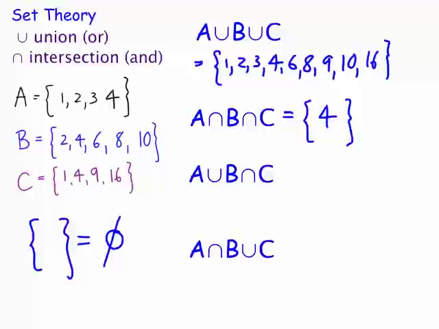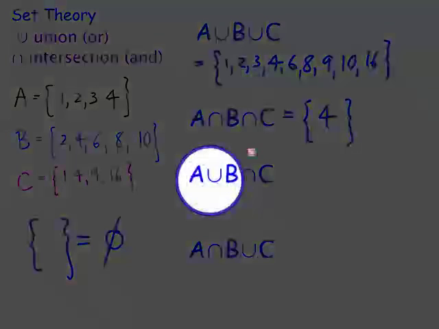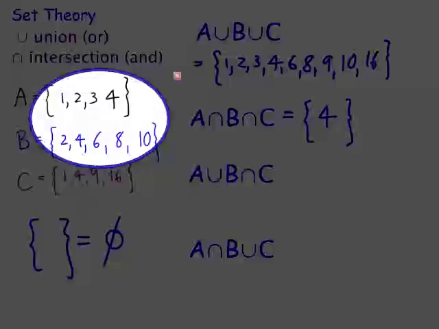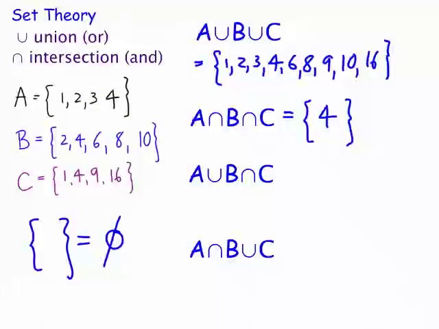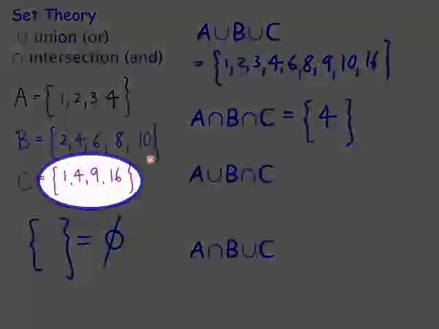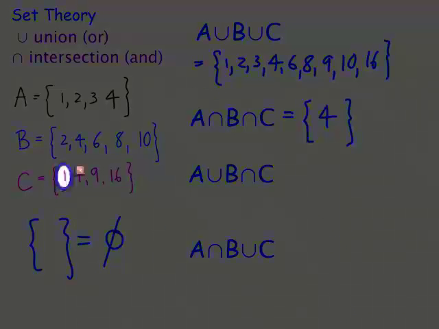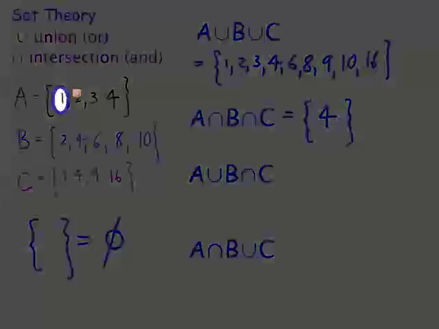Now, what's this? A union B, and we intersect it with C. So we have all the elements of A union B, and then we have to intersect it with C. Let's have a look. What ones would be in the intersection of A union B and C? C has a 1, and in A union B there's also a 1, so that would be a common element.